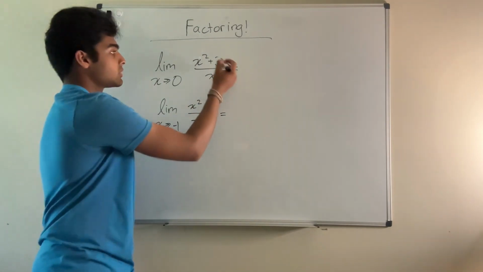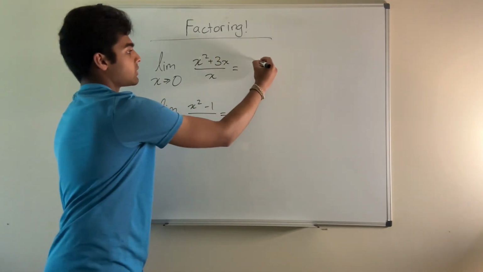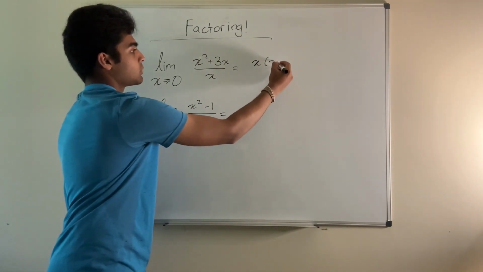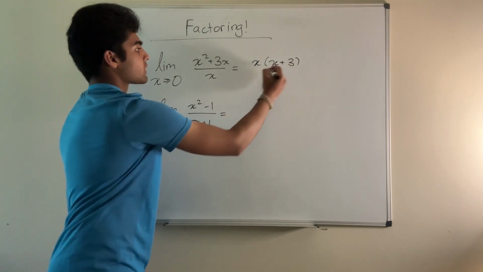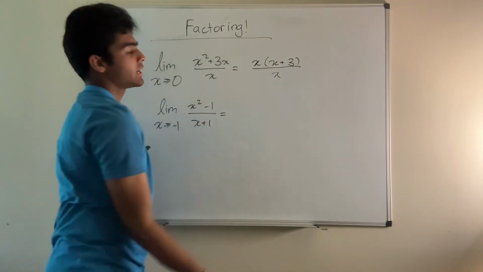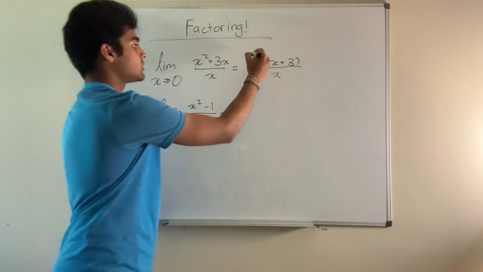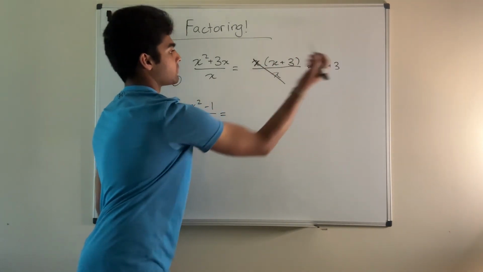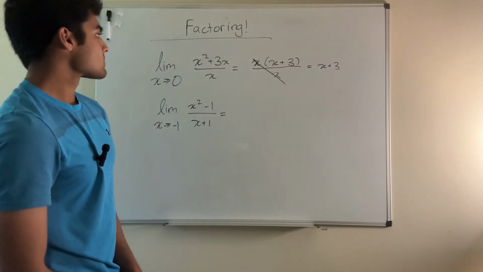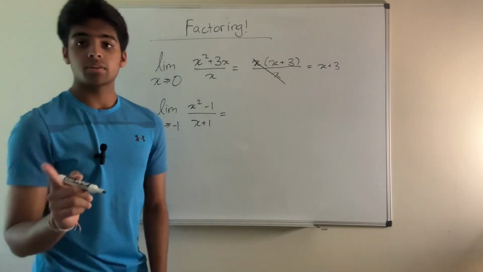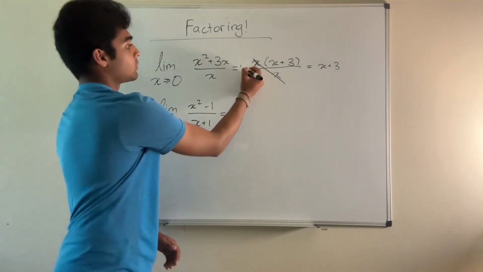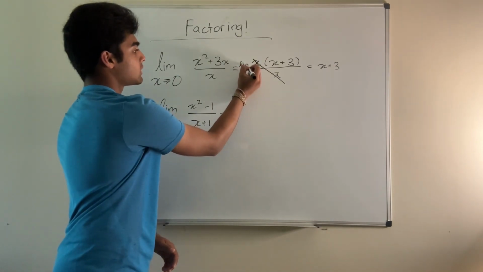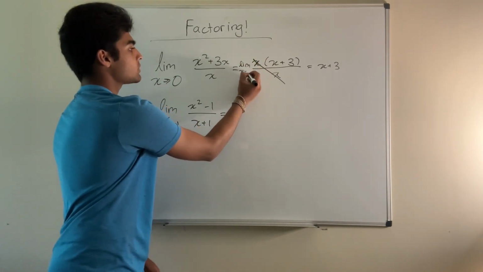So this one on the top, we can factor out an x, and then we would be left with x plus 3 over x. And then we can cancel out these x's right here, and we're left with x plus 3. Oh, and another thing, when we factor, we have to remember to keep the limits. I actually forgot to do that just now.